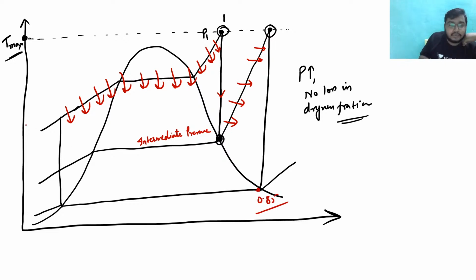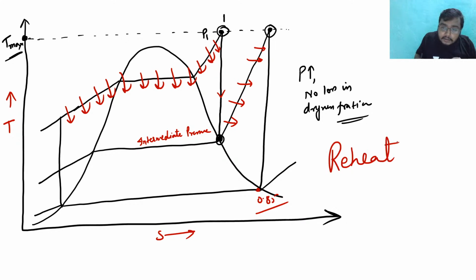So in this way I am trying to increase the efficiency. ठीक है, this तरीका is known as reheat. What I am doing, I am reheating the component. ठीक है, मैं 2 बार हीट कर रहा हूं. Now corresponding to that, what would happen?